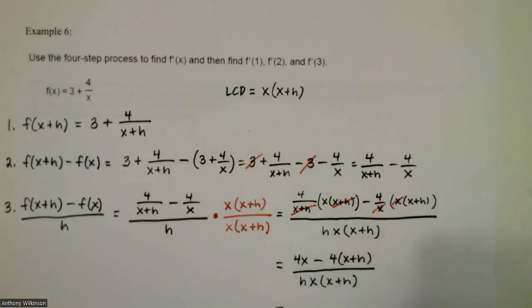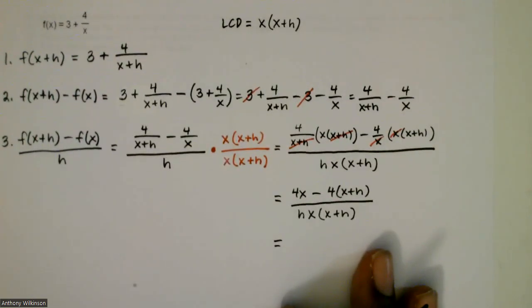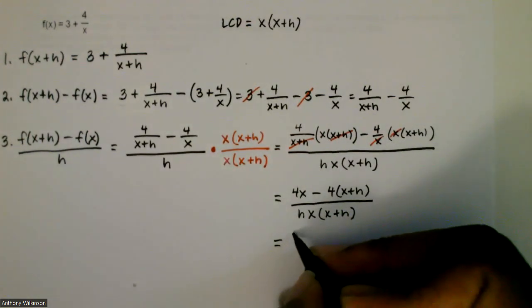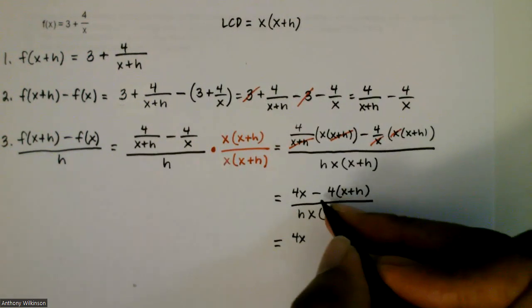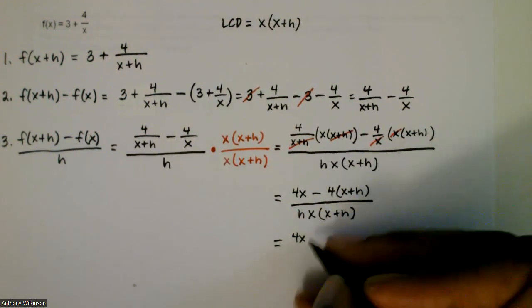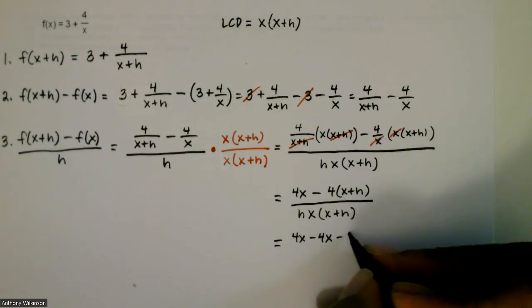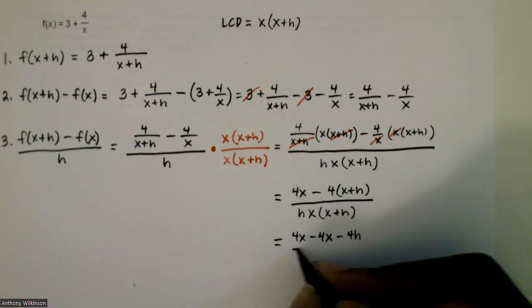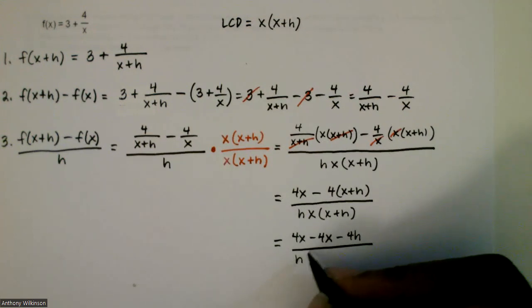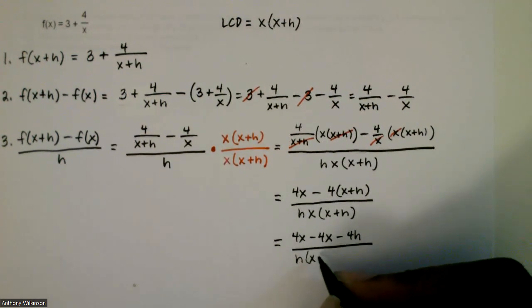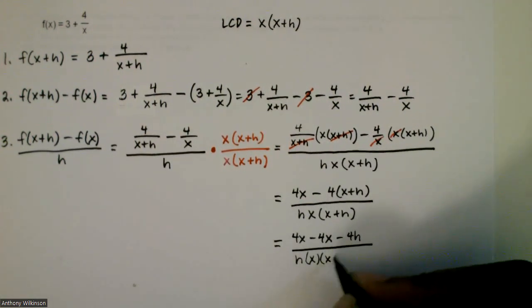Now let's simplify the numerator. Bring down the 4x. The minus 4 times x will be minus 4x. Minus 4 times h will be minus 4h. All that's over h times x times the quantity x plus h.